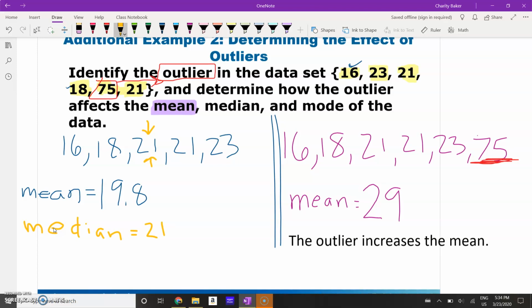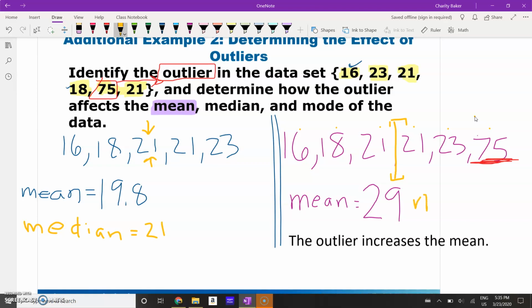Okay, so let's look over here on the other side. So looking at this set over here, where's the middle going to be? Well, we only added one number, so there's 1, 2, 3 on the left, 1, 2, 3 on the right. So the middle is going to be right in between the two 21s, which is just 21 again.